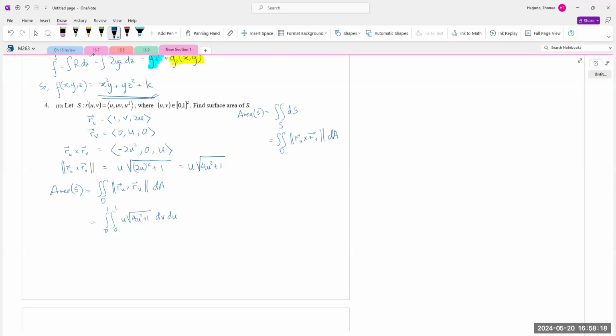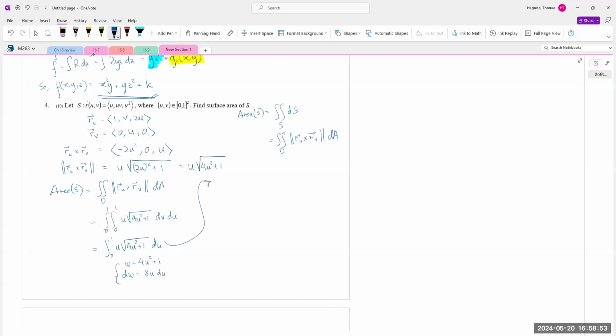It's a rectangle, right? So you can do du d phi, it will come out the same. And the integral from 0 to 1 of d phi will be just 1. So we basically do this integral: u square root of 4u squared plus 1 du. I need to do a substitution. w equals 4u squared plus 1, dw equals 8u du.